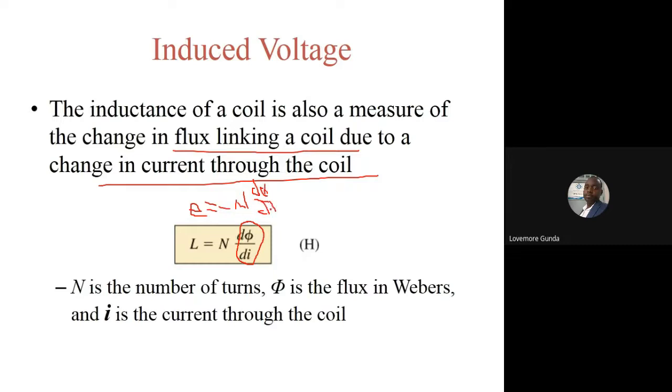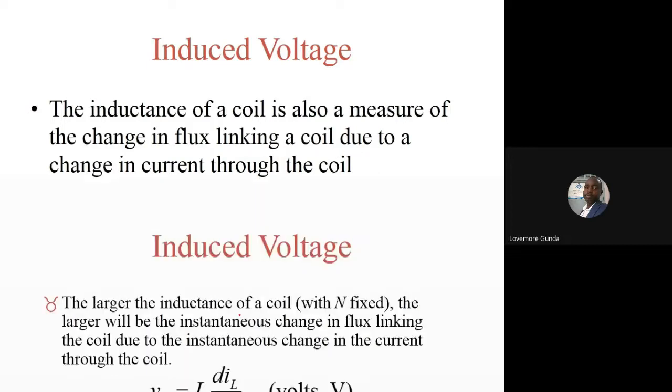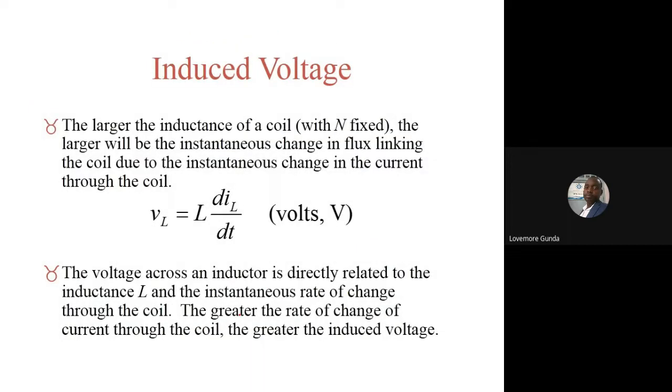But inductance can also be written as the measure of the change in flux linking a coil due to a change in current through it, multiplied by the number of turns of the coil, right? So the larger the inductance of the coil, the larger will be the instantaneous change in flux linking the coil due to instantaneous change in current.